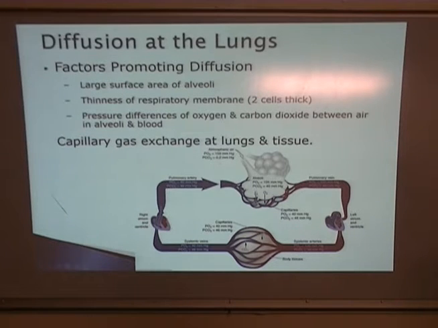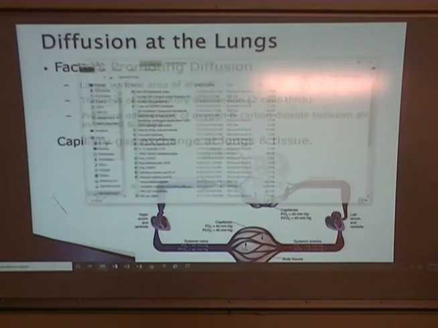That makes it very simple for oxygen to move out of the lungs into the bloodstream. And when we look at the blood that is leaving the lungs and going back to the left aorta, we see that the oxygen is 100 millimeters of mercury instead of 40 that it was coming in. So we picked up a lot of oxygen here.